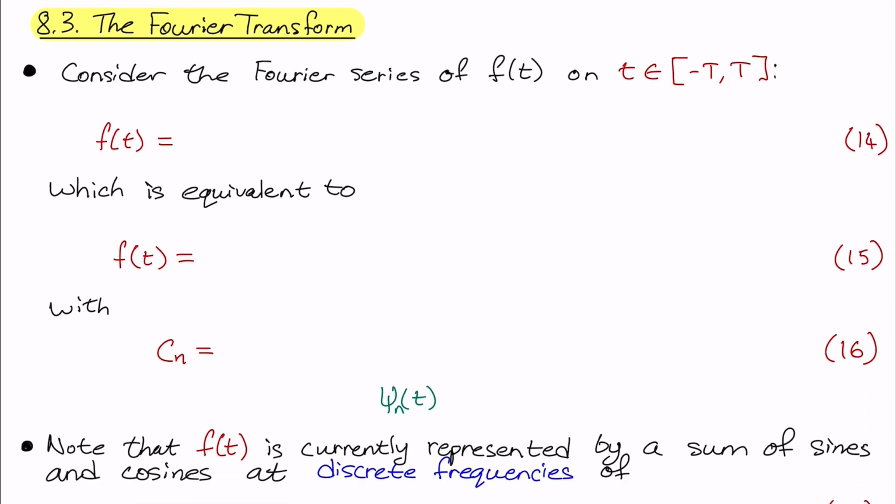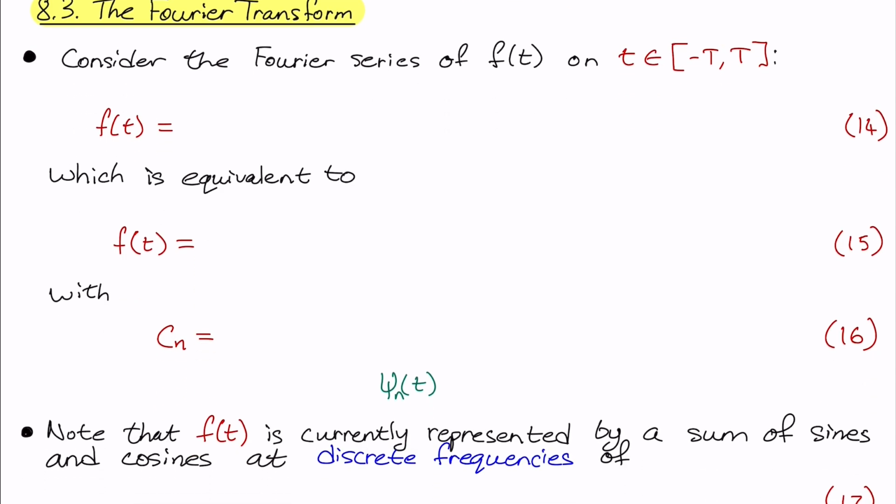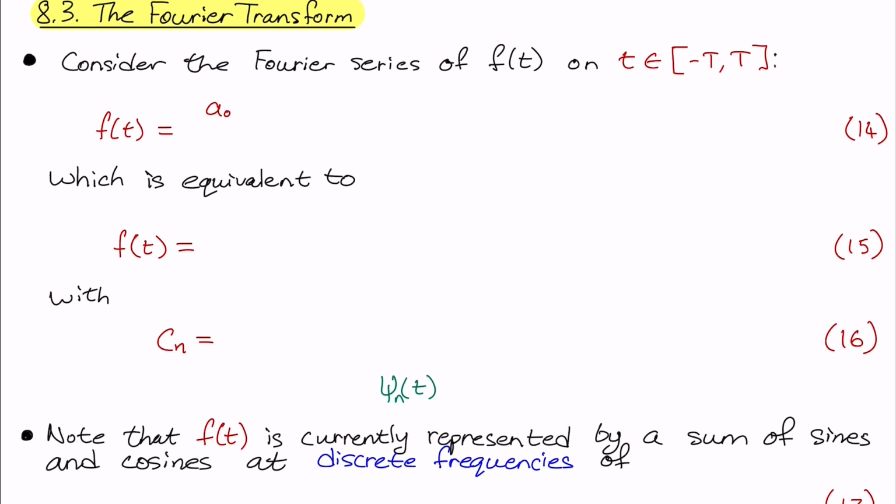All right, so let's consider the Fourier series of f on the interval, in this case, from minus T to positive big T. In this case, the Fourier series is going to be a0 over 2 plus the summation from n equals 1 to infinity of an times the cosine of n pi divided by big T times little t, plus bn times the sine of n pi over big T times t.